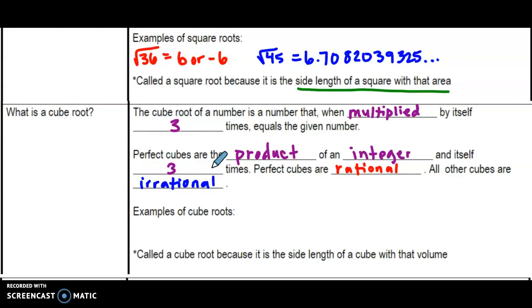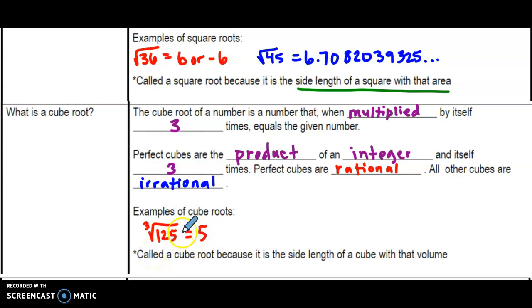So examples of cube roots: it looks like this, it has a little 3 and then the square root symbol, that's called a cube root. If we have the cube root of 125, we want to know what number multiplied by itself 3 times gives me 125, and that would be 5. 5 times 5 times 5 equals 125.